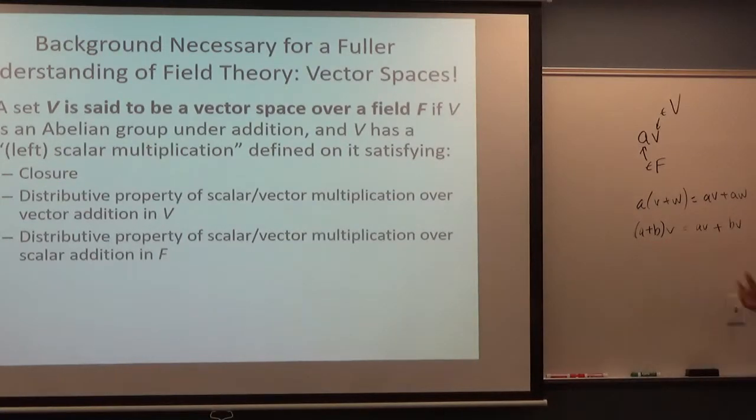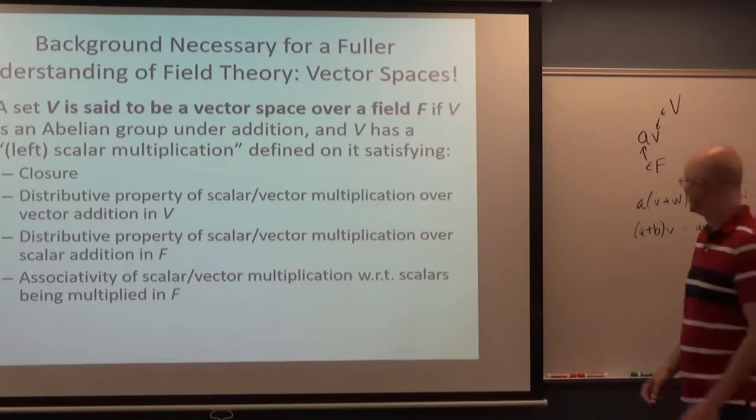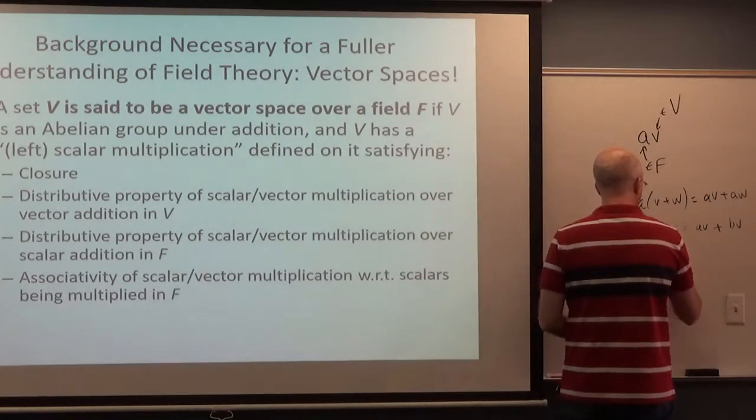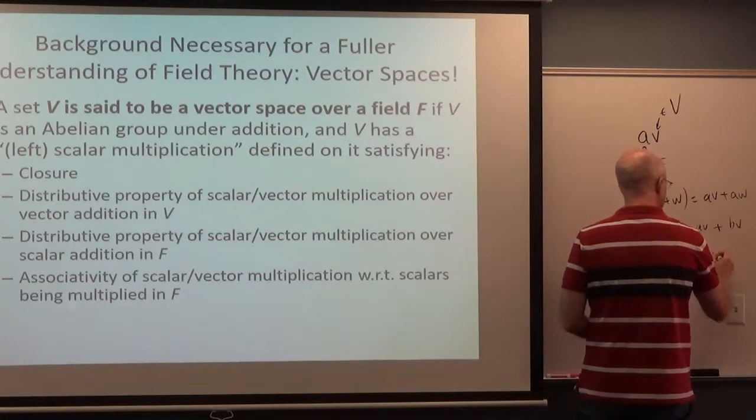I'm reserving letters near the beginning of the alphabet for scalars from the field F, and letters closer to the end of the alphabet, v, u, w, maybe x, y, z, for vectors. Associativity means this.